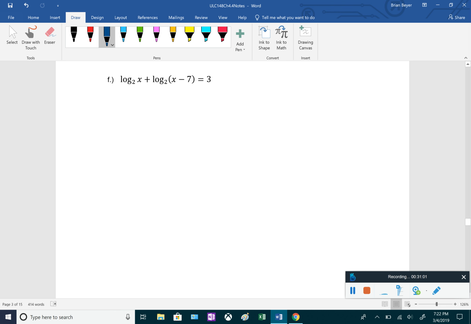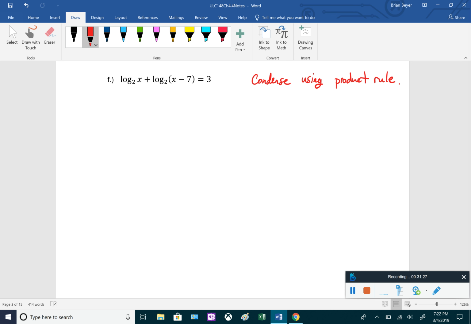So it's log base 2 of x plus log base 2 of x minus 7 equals 3. A little bit of an issue here. We have 2 logs, and we can't isolate them. So we have to actually condense them. We have to condense using, in this case, the product rule because they're being added.